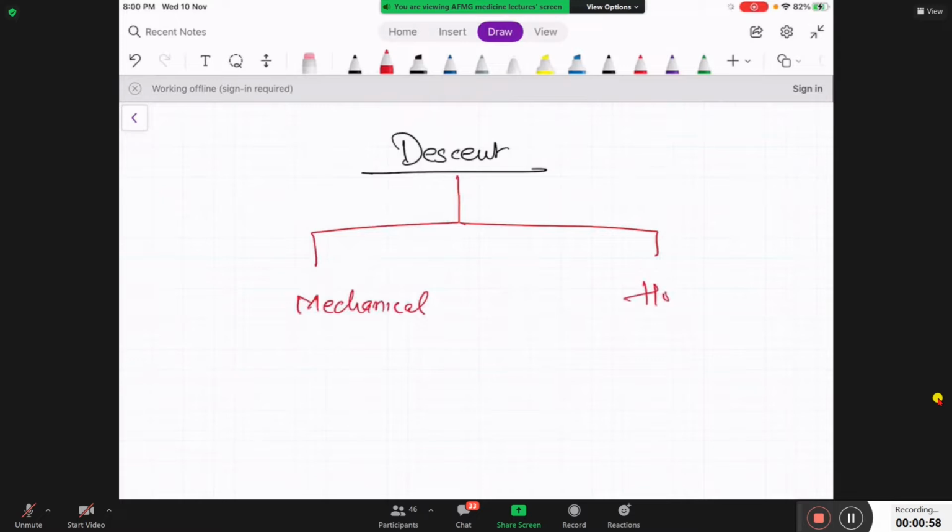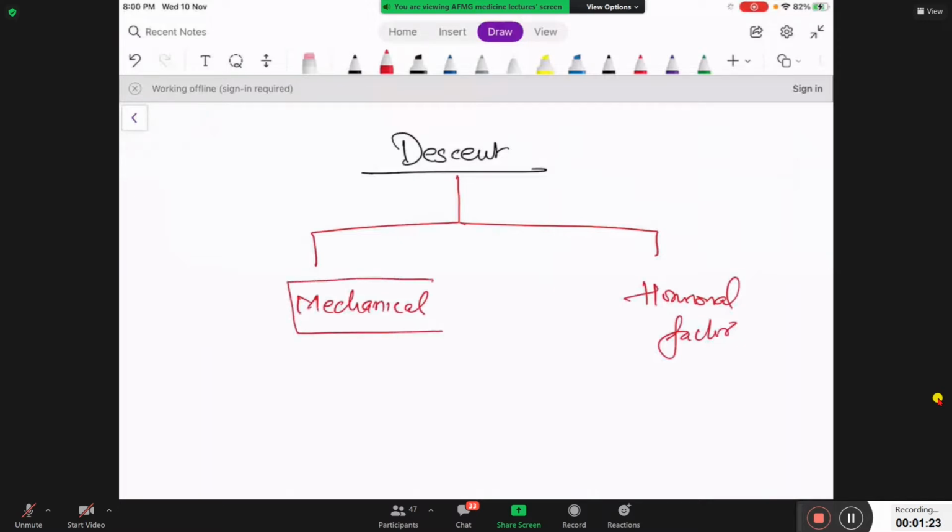Another is the hormonal factor. Out of hormonal and mechanical factors, the most important factor is hormonal, right? And obviously in hormonal it is androgen.